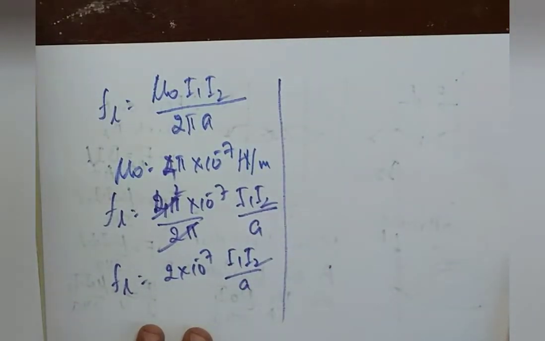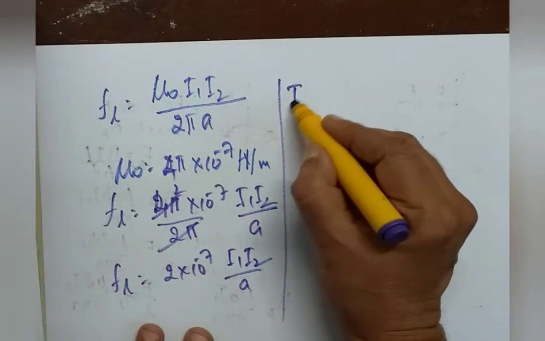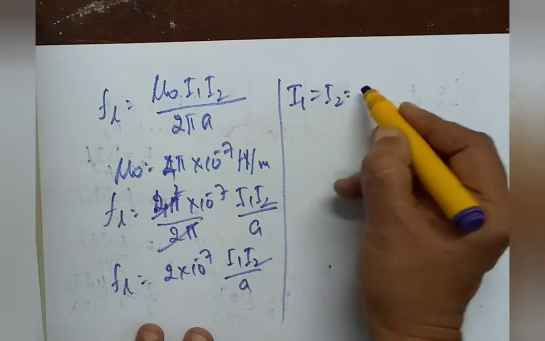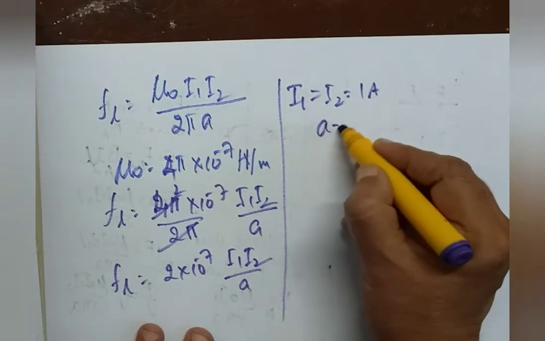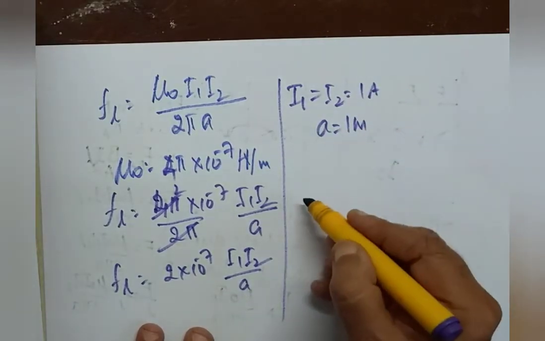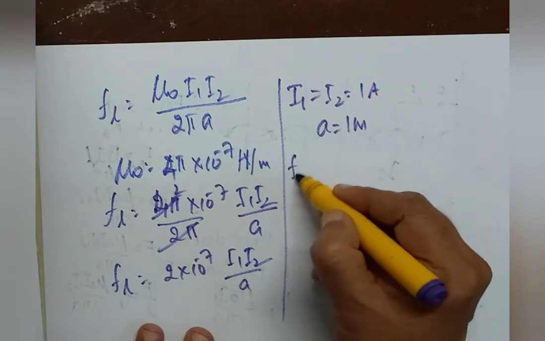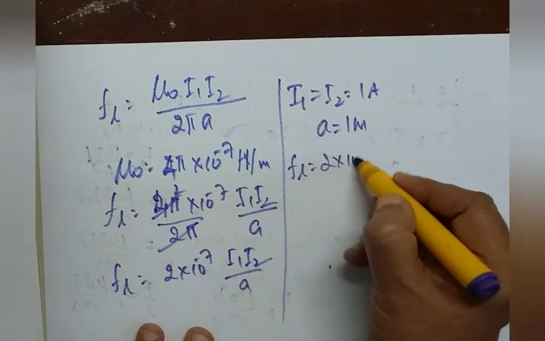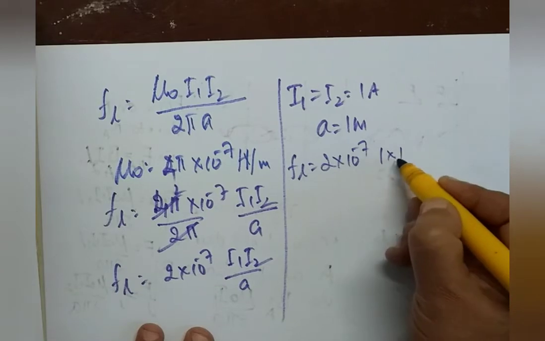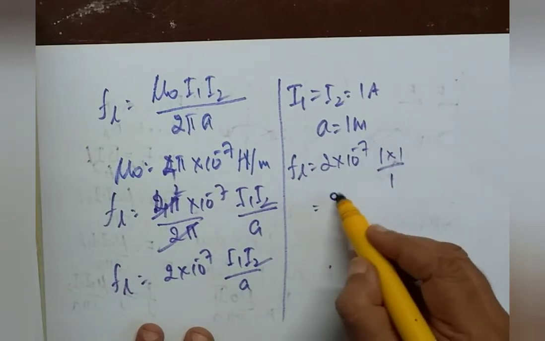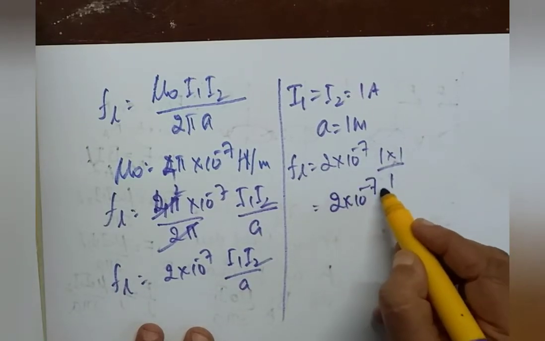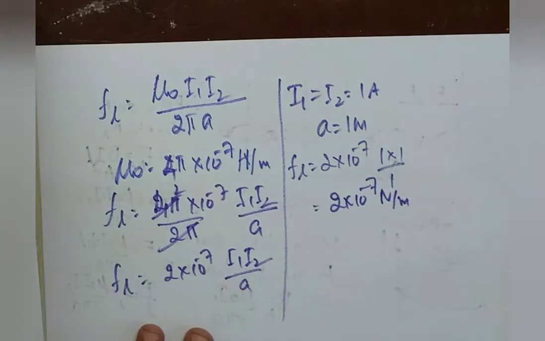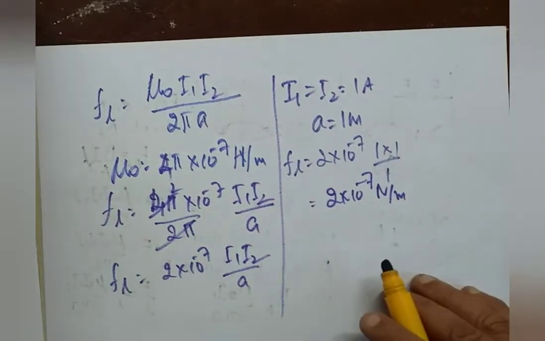By using this we can define the ampere. How? Observe. If we take I1 equals I2 equals 1 ampere and A equals 1 meter, then F by L equals 2 into 10 raised to minus 7 times 1 into 1 by 1, which is 2 into 10 raised to minus 7 Newton per meter. So by using this we can define the ampere.